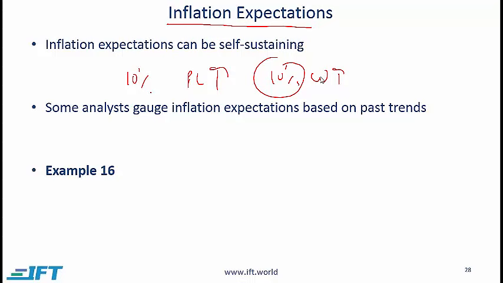This is a simplistic explanation, but it does illustrate the fact that inflation expectations are important and in a sense they are self-sustaining. As an analyst, you need to gauge inflation expectations.